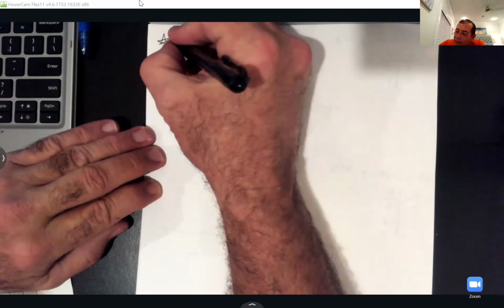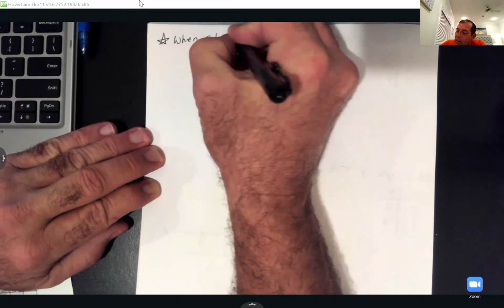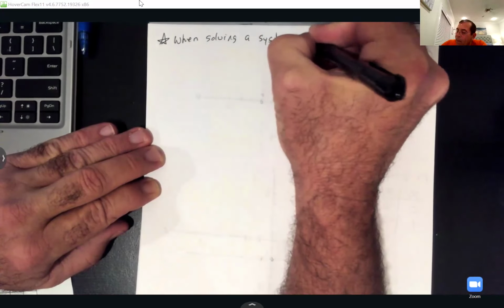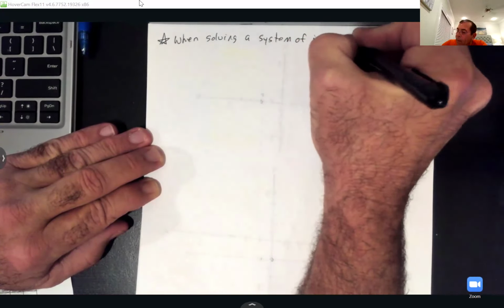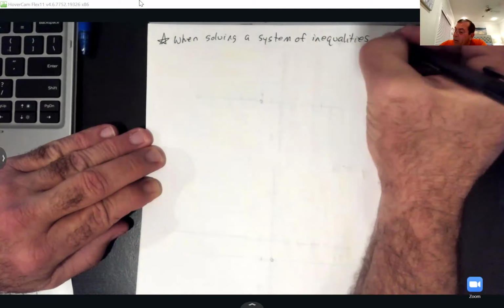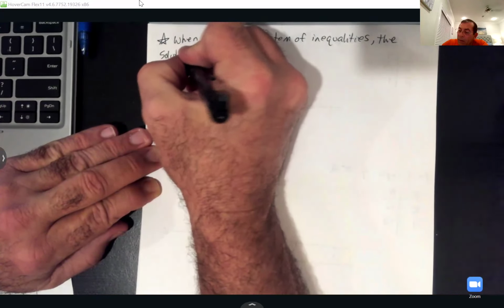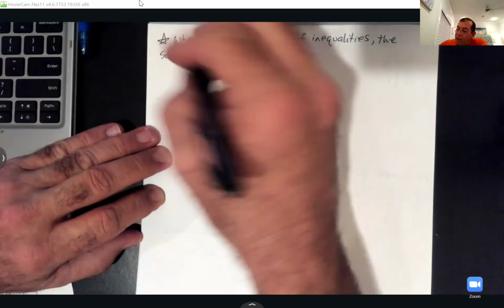When solving a system of inequalities, the solution is the double shaded region.